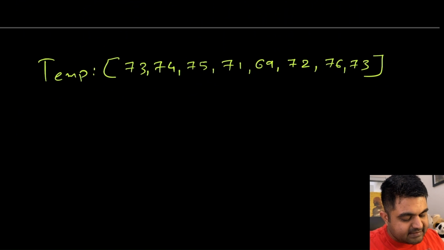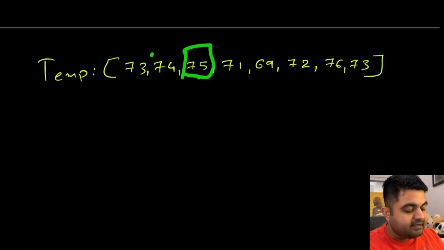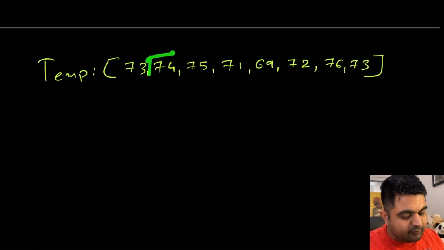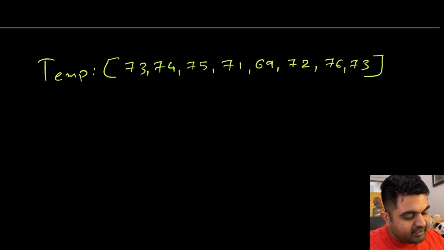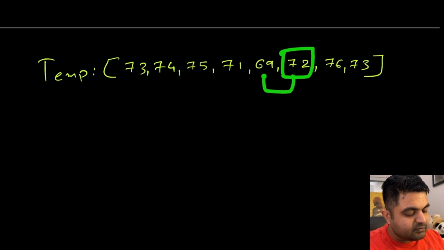If we are at, let's say, value 75, then at 75 we should be able to tell that 74 is only 1 day away from having its warmer day, and in the same way at 74 we should be able to tell that 73 is just one day away from having a warmer day. Same way at 72 we should be able to tell that 69 is only 1 day away.